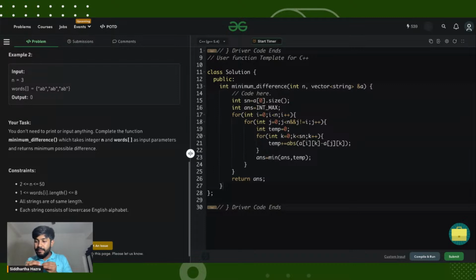The problem is that we are comparing with all other strings, so I don't want that. That is causing the mean time complexity issue. Instead of that, I would store everything in a trie, and I would be standing at a current string and trying to find a string which is very close to me. Okay, and that would be enough.